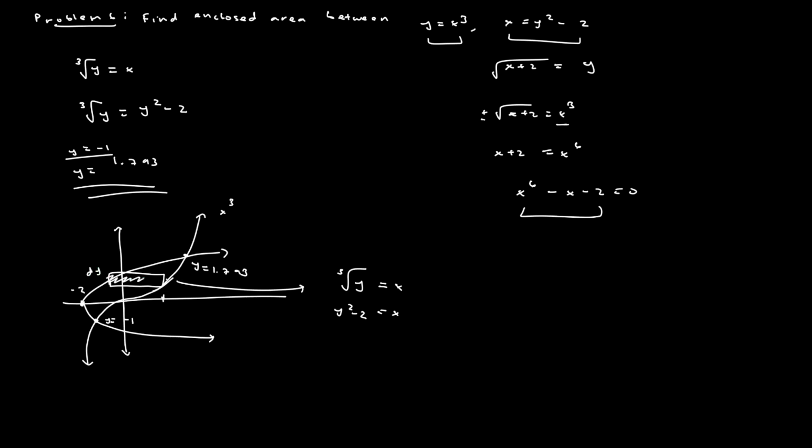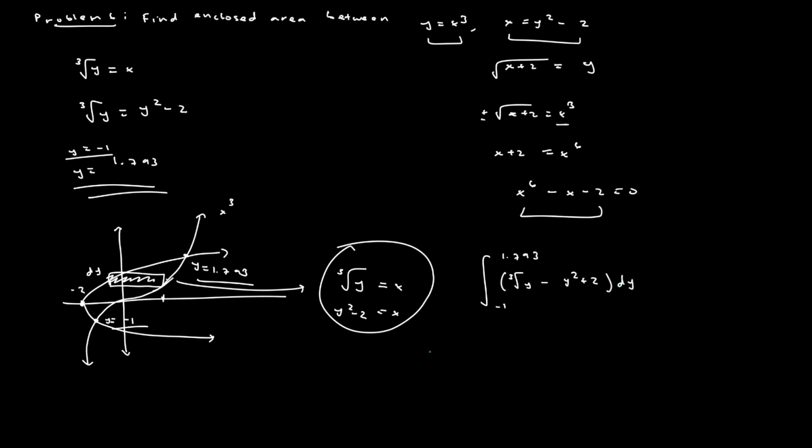So integrating those rectangles formed by the difference of these two functions on this interval will help get us the entire area. And so the integral that we need to solve for essentially becomes the integral from -1 to 1.793 of the cube root of y minus y squared plus 2 dy.